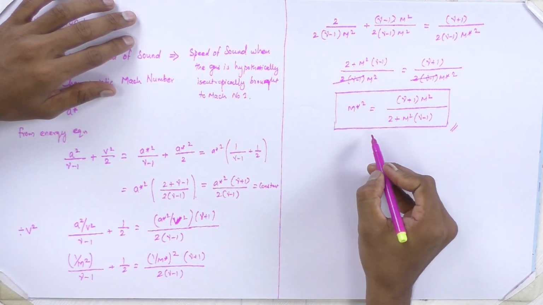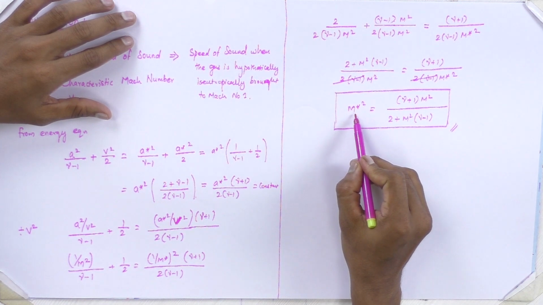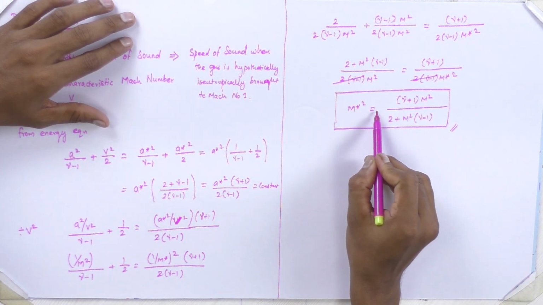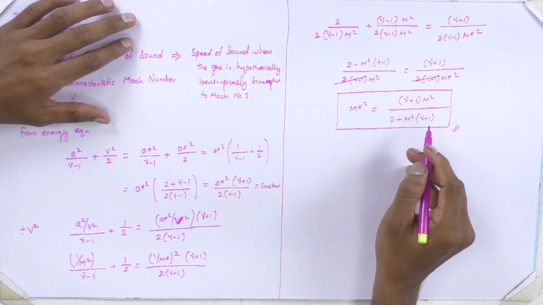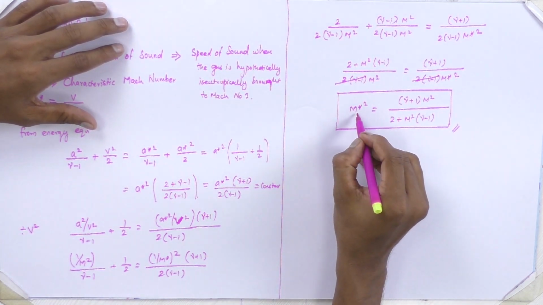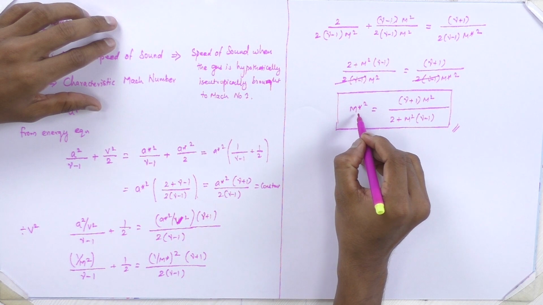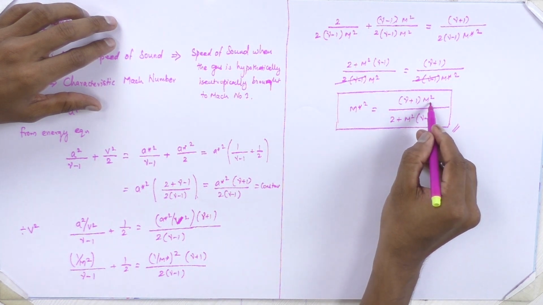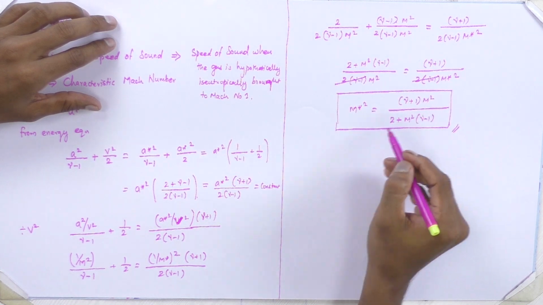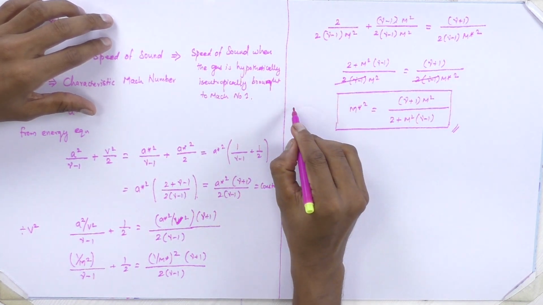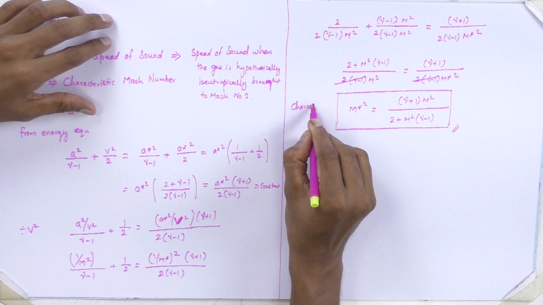So here we have represented the characteristic Mach number of a fluid element as a function of its Mach number. If we want to calculate characteristic Mach number at region 1, we simply substitute M1 here. For region 2, similarly M2 here. So this is called characteristic Mach number.